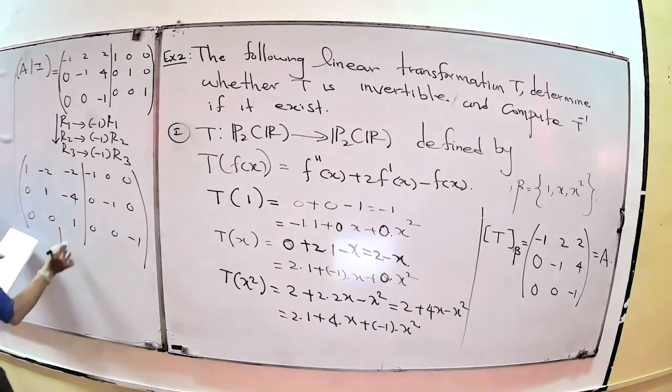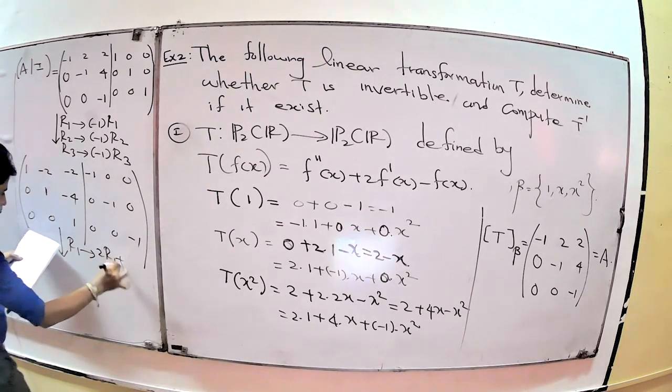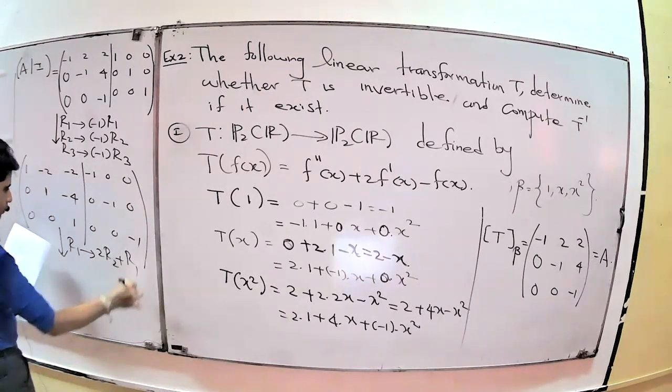Now do some row operations again. R1 is replaced by 2R2 plus R1.